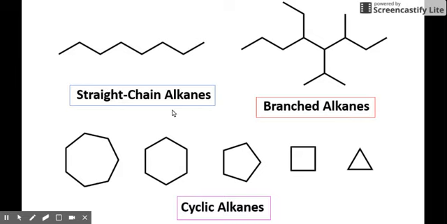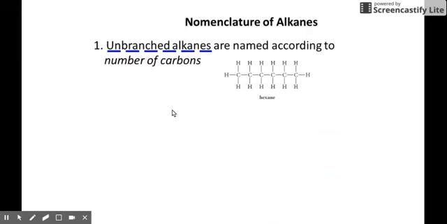I want you to observe this particular example here. If you count the carbons, there are 6 of them, and it's simply named hexane. For the nomenclature, or the naming, of unbranched alkanes, you're just going to name them according to the number of carbons.